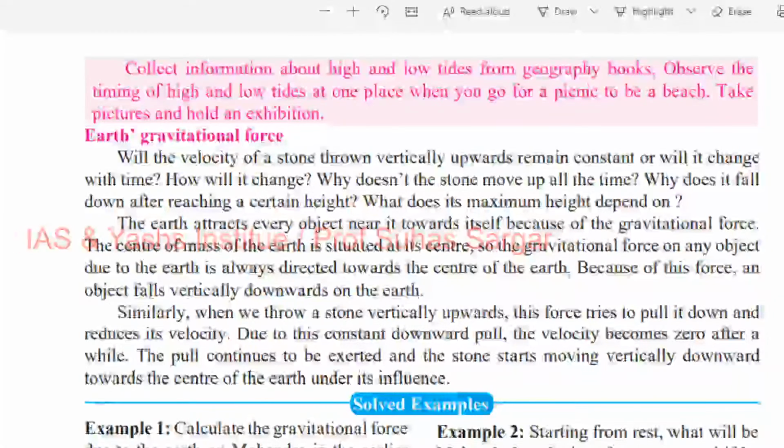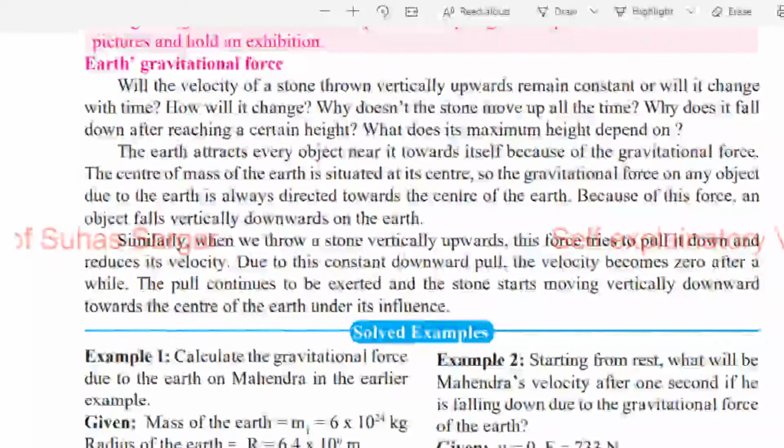Similarly, when we throw a stone vertically upward, this force tries to pull it down and reduce its velocity. Due to this constant downward pull, the velocity becomes zero after a while. The pull continues to be exerted and the stone starts moving vertically downward towards the center of the earth under its influence.